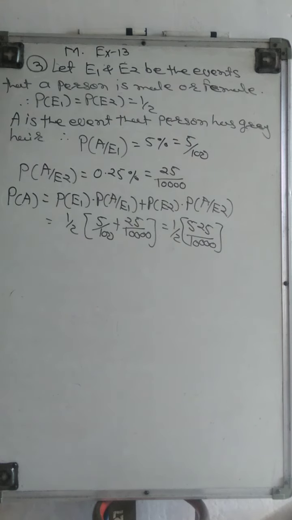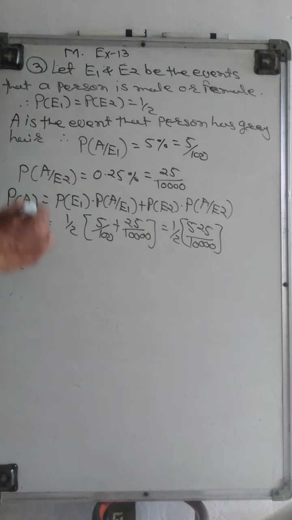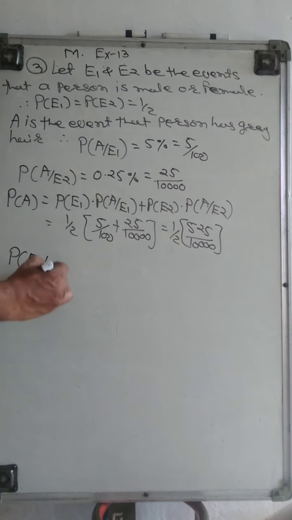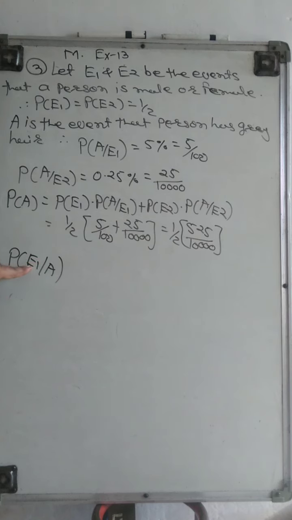Now we want to find what is the probability that the person is male, if a person having grey hair is selected. Then it is P(E1|A). Means a person having grey hair is given, then what is the probability that it is a male?